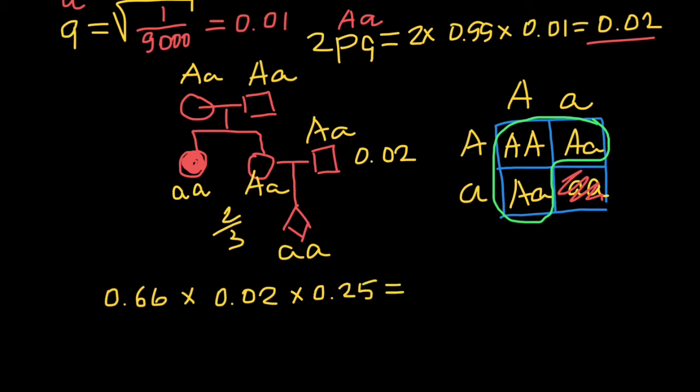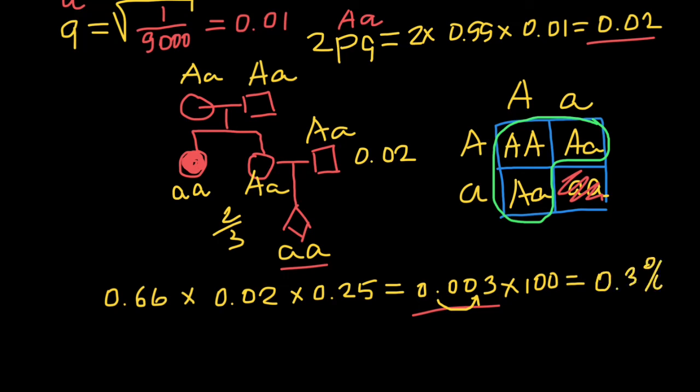So we multiply all these three independent probabilities and we get 0.003, which gives us the probability for the child to be affected. If you need the answer as a percent, we multiply by 100, moving the decimal point 2 places to the right, and we get 0.3% as the probability for the child to be affected with cystic fibrosis.